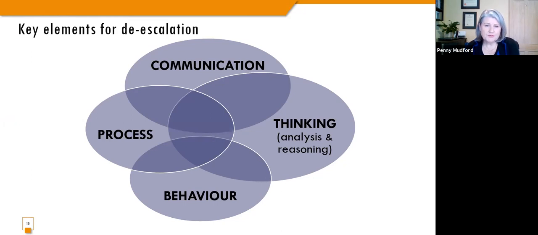But those two aspects are elements for escalating and for de-escalation, because good communication can go a long way, good behaviours can go a long way in terms of people working together and solving problems. But the other two aspects that are not often talked about or thought about are actually process and thinking.